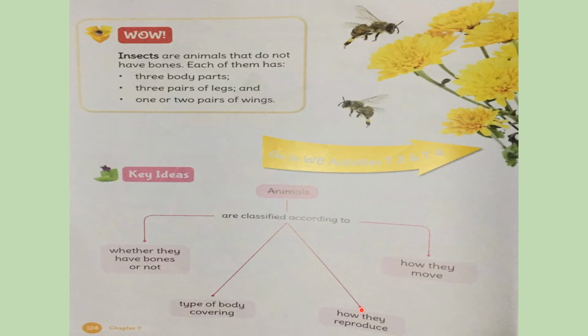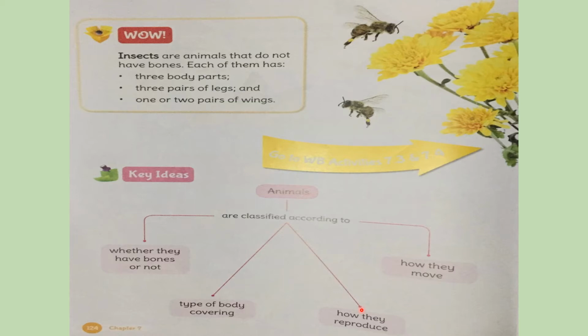The examples of the animals that give birth are horse, cat, giraffe, and we can say also the dog, the fox, the bear. So those are the animals that give birth.